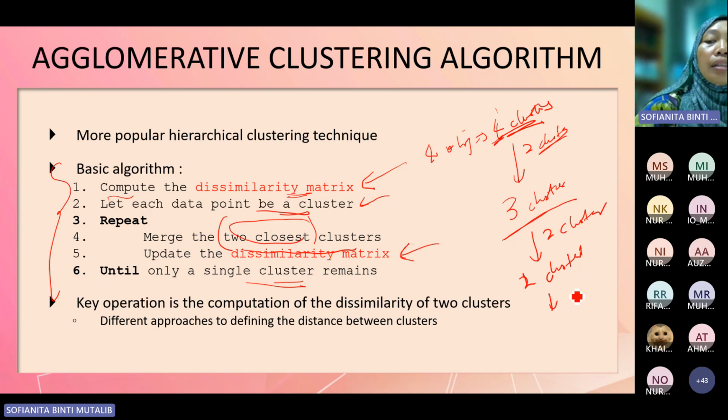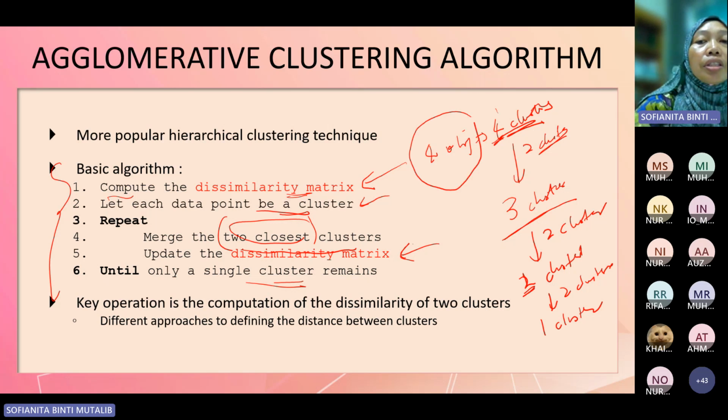At the end, after you merge these 2 clusters, all become one cluster. So this is what we call the algorithm. This example has only 4 objects, which you treat firstly as 4 clusters. Still not clear, but it's okay.